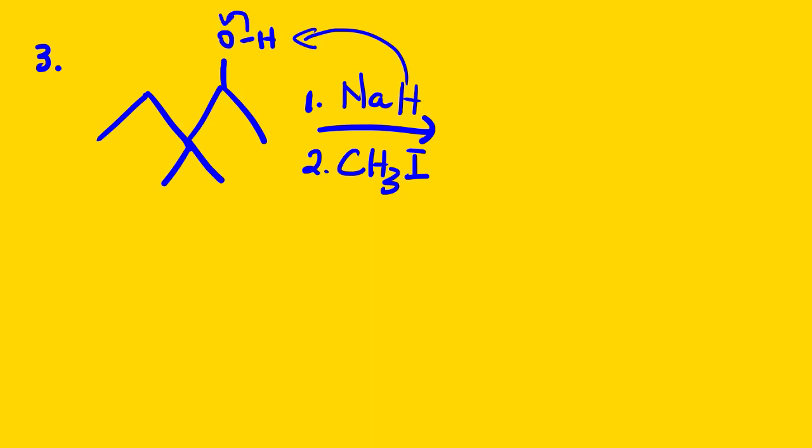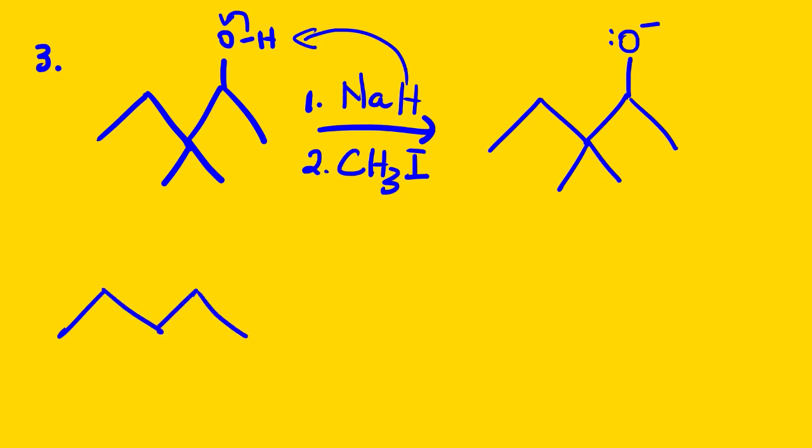Then these 2 electrons will move to this oxygen, with 2 extra lone pairs. And then we take this alkoxide and react it with the alkyl halide.